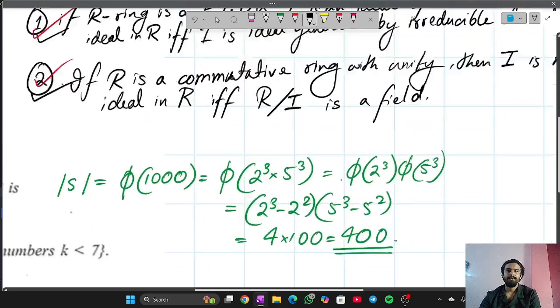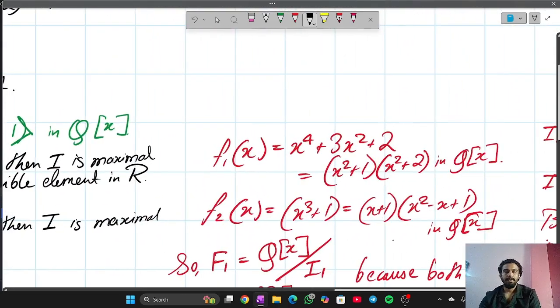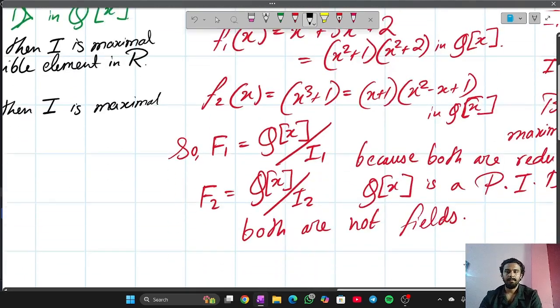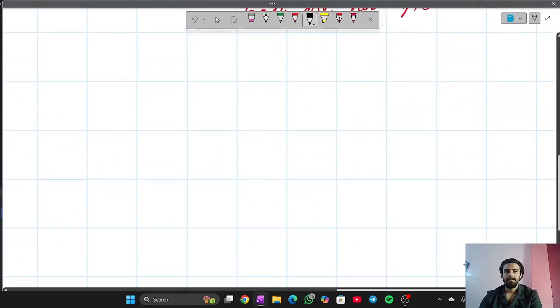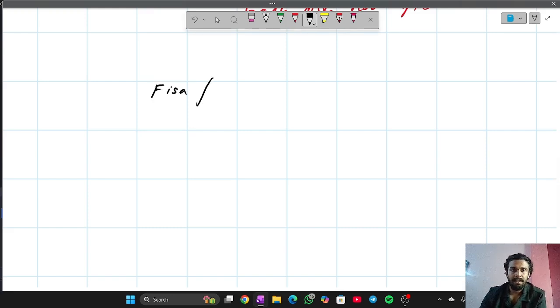So as I mentioned in the question, let's go by that rule. Now, F is a field of 8 elements. This was question 7.